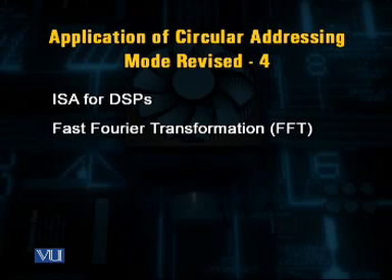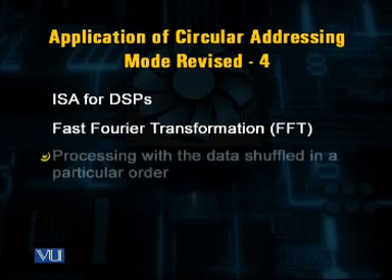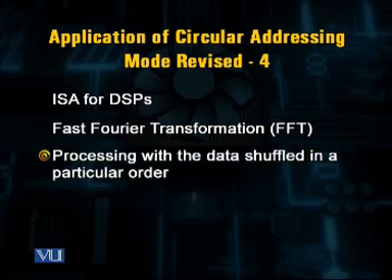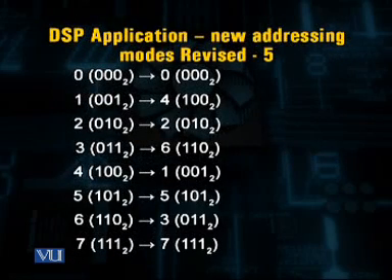We know that the fast Fourier transform starts or ends its processing with the data shuffled in a particular order. For example, the fast Fourier transform for 3-bit data, which has 8 items in radix 2, can be represented as shown below.